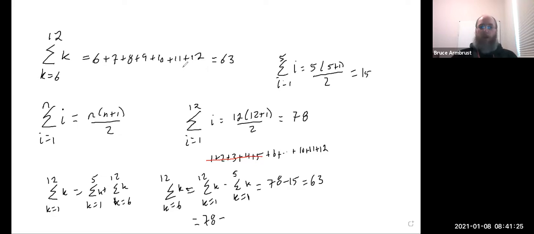But this isn't where you would use this, right? Where you would use this would be if you are doing something like, let me do this over here in blue, what's the sum from i equals 72 to 249 of i.